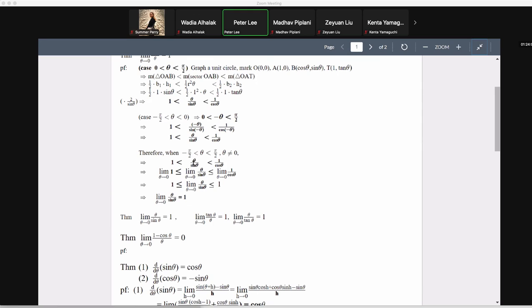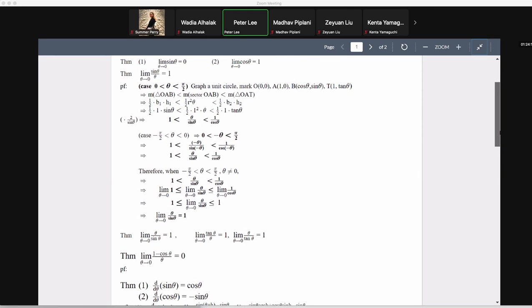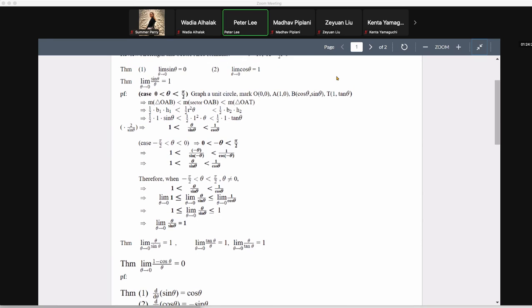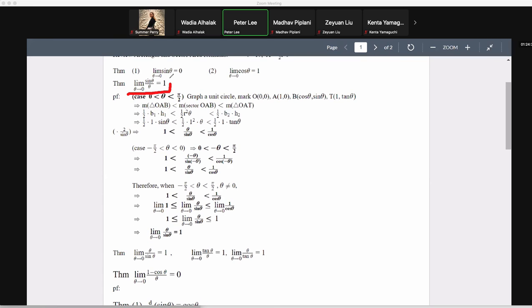So the theorem is this. The theorem is proven.